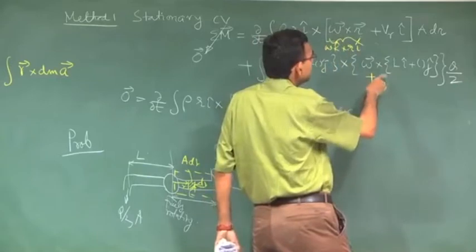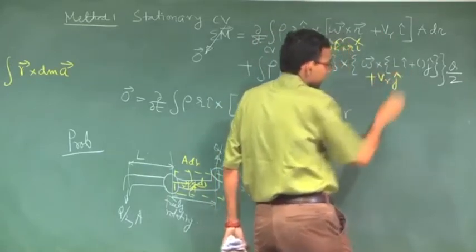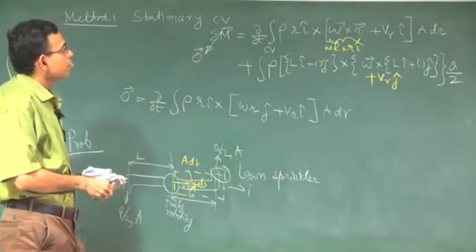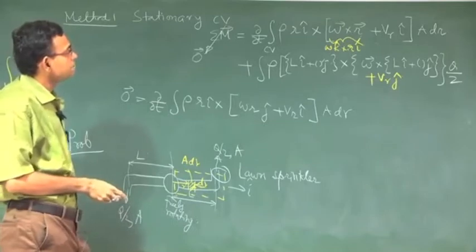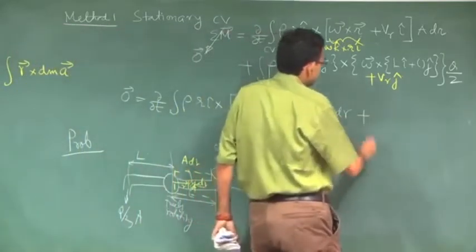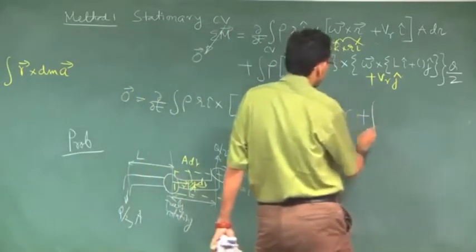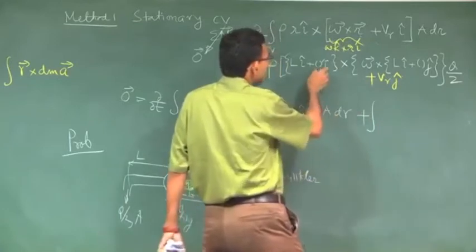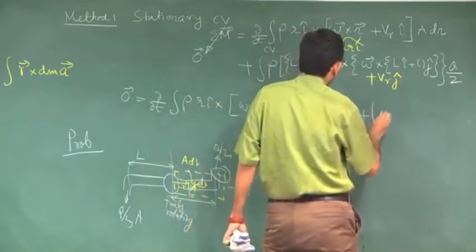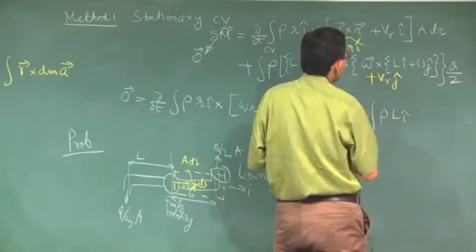Yes, one term is missing, which is this one, right. So Vrj. Then this one plus integral of, so we will neglect this small j part, so rho Li, this omega is omega k.